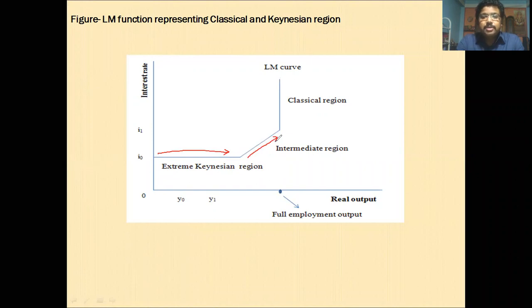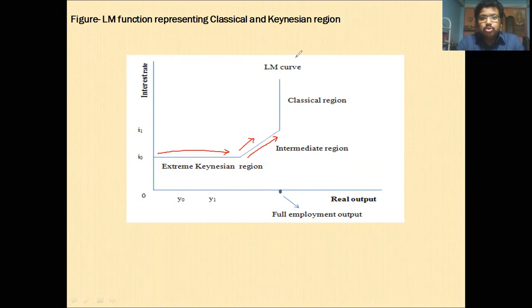Why is it the intermediate region? Because output increases as well as the interest rate increases. This is the classical region. This classical region represents where price, sorry, price is flexible. Because price is flexible, price is increasing, and output is fixed.